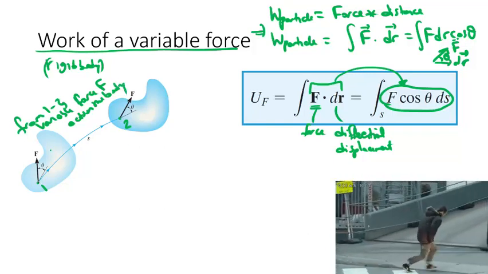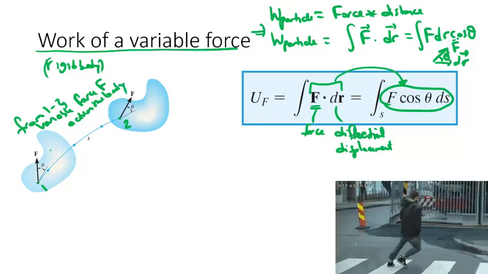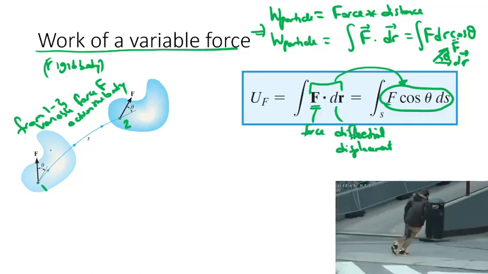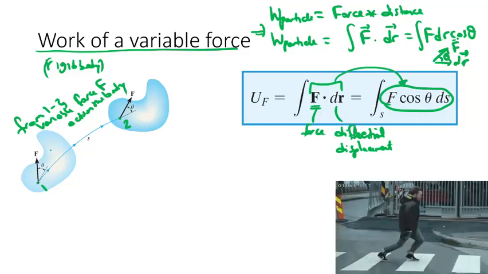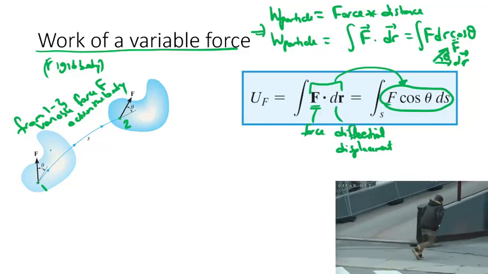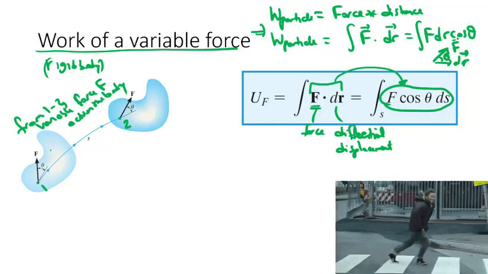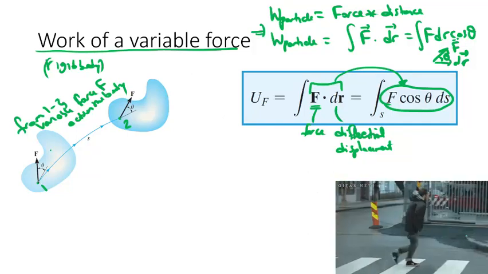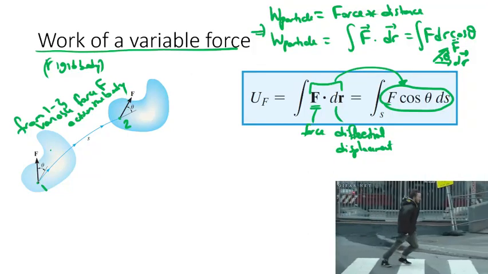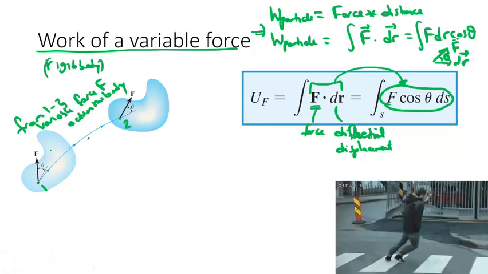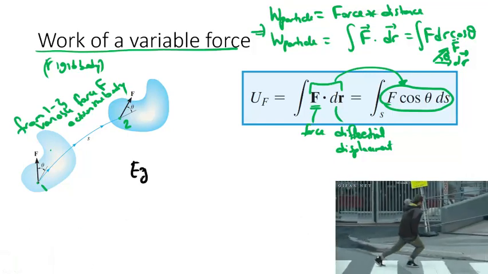I have added a small real-life example. Say that you are moving in the wind. When you move in the wind, there is a velocity of the wind, the force, let's say drag force of the wind, which is a variable force. Then you move from one location to another location, and you are doing work against the variable force. Let me include this example to give an understanding.